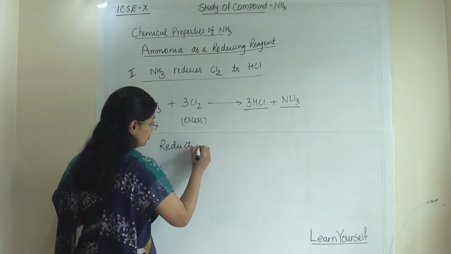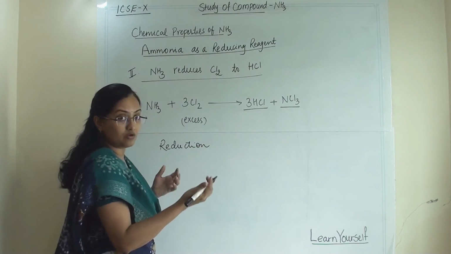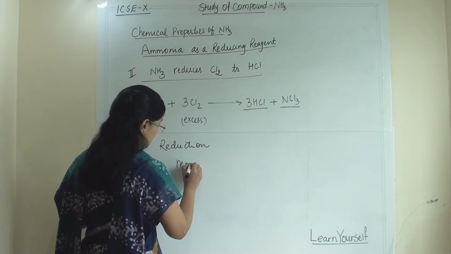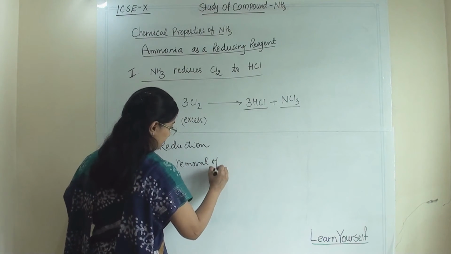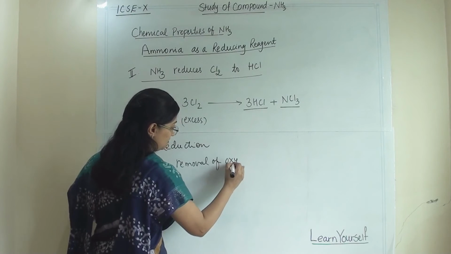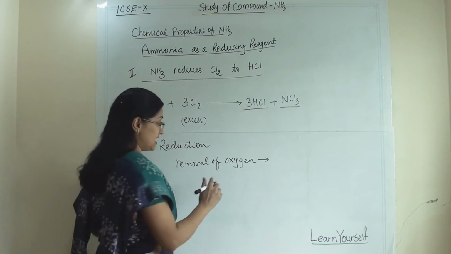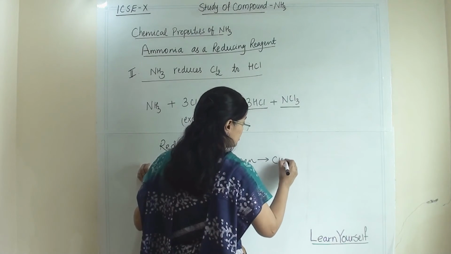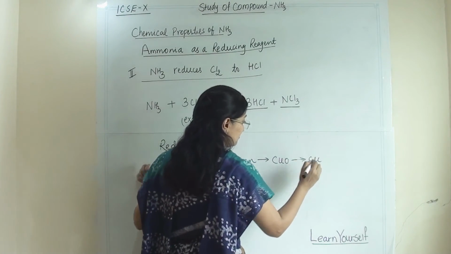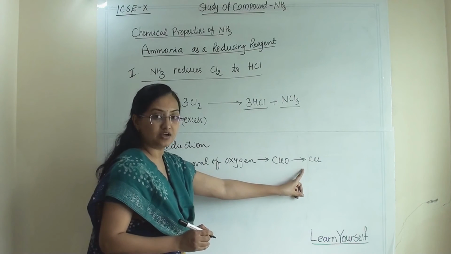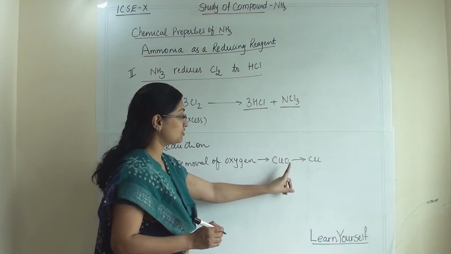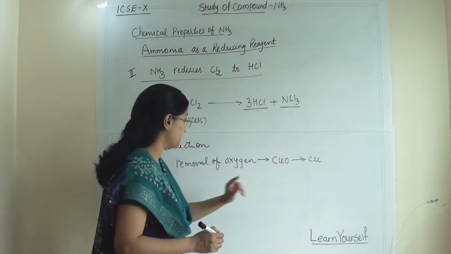So what is reduction? Reduction is not only a removal of oxygen. What we have seen in the earlier reaction is that copper oxide converts to copper. We said that this is a reduction reaction and copper oxide is reduced to copper.